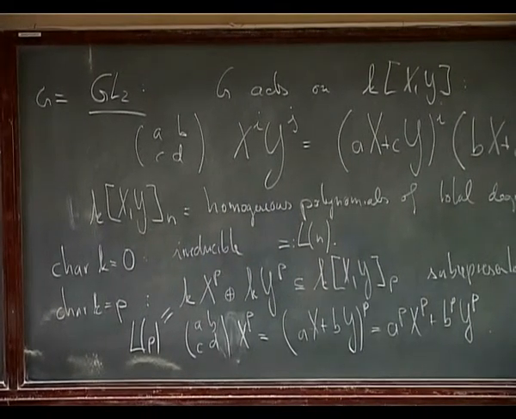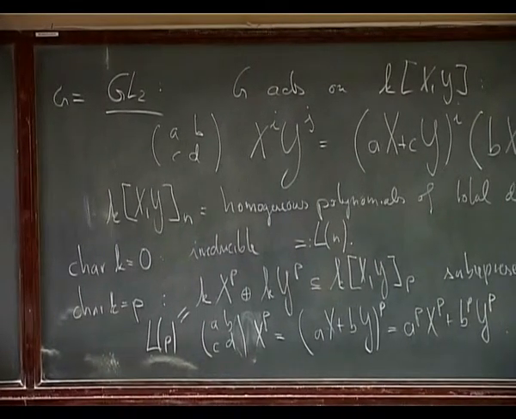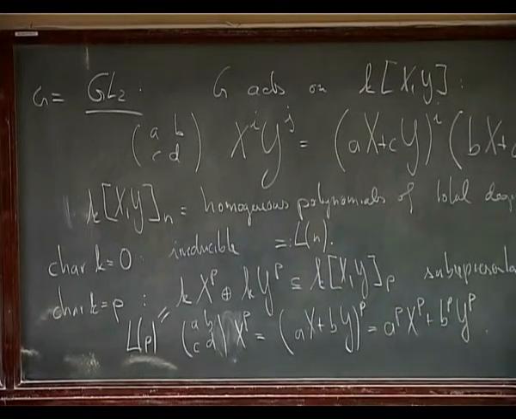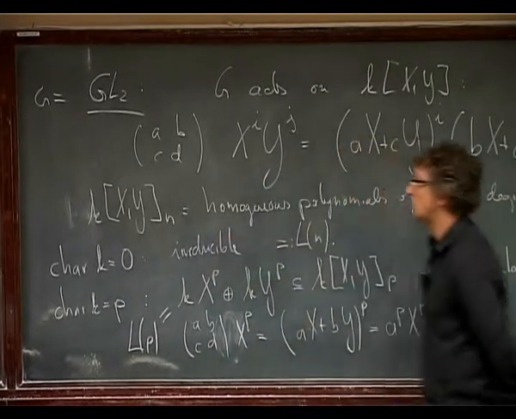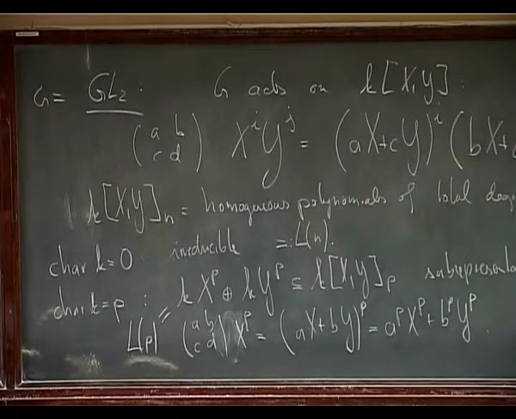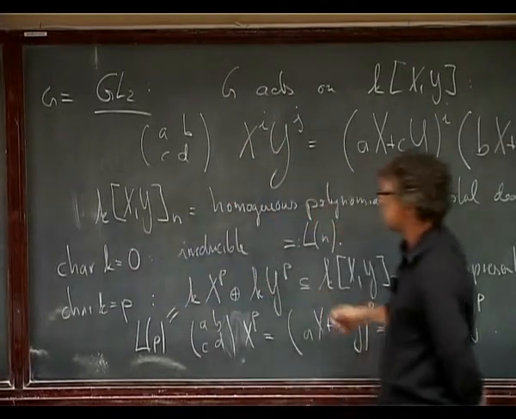The flag variety of GL2 is P^1, and you see the global sections of all twisted line bundles on P^1 appearing here, and GL2 acts on P^1, so it acts on these global sections, and so this creates all these spaces, but they don't need to be irreducible.